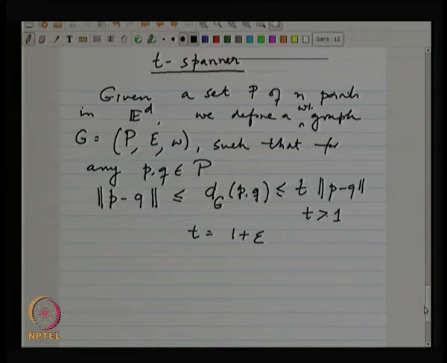Trivially, what can this graph be? The most trivial graph is the complete graph on these P points. Just put an edge with the Euclidean distance, and then the graph has about n choose 2 edges.